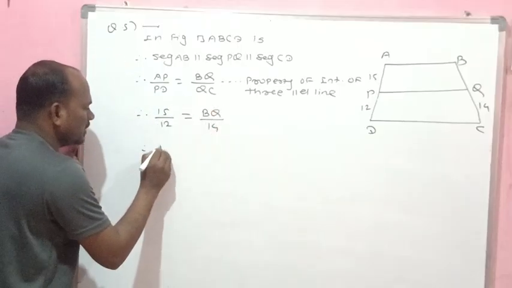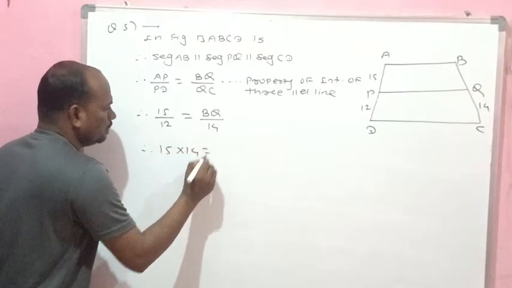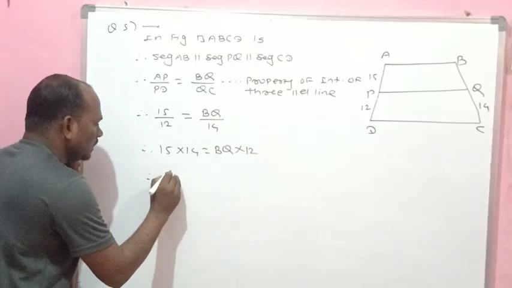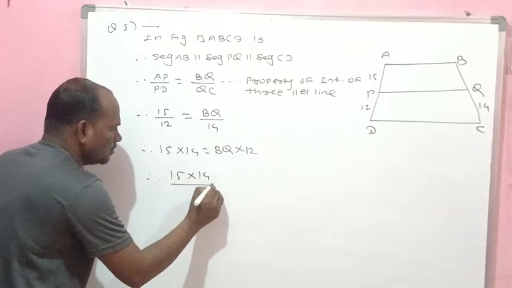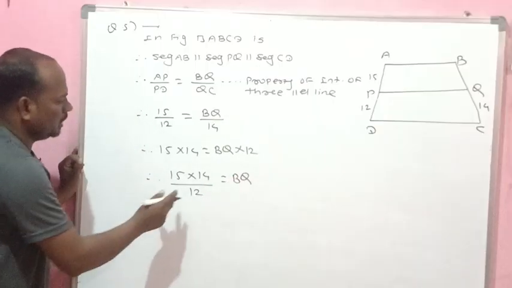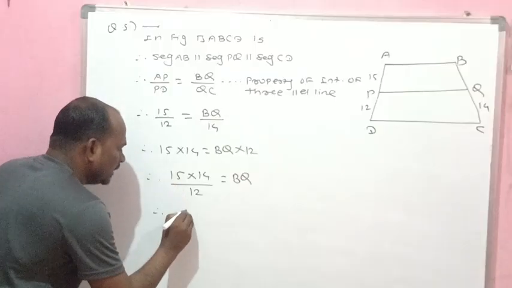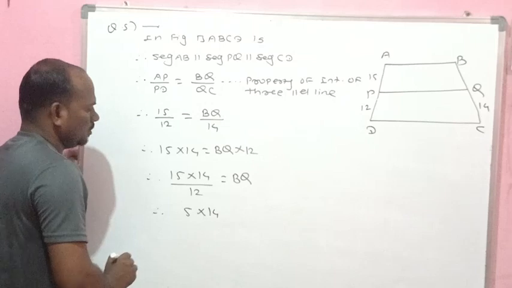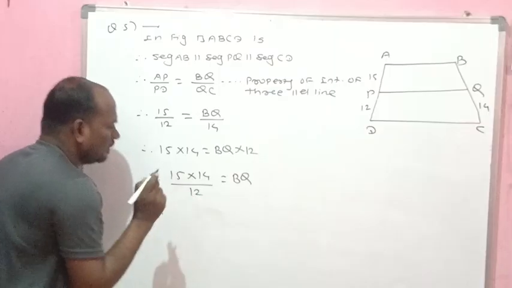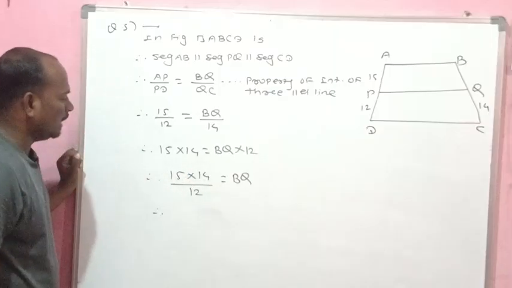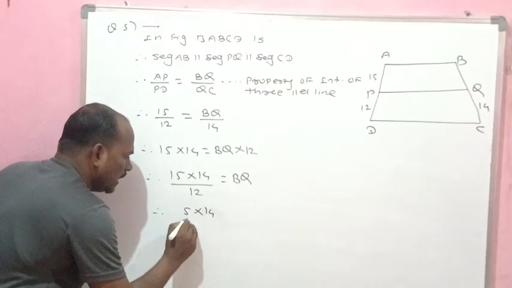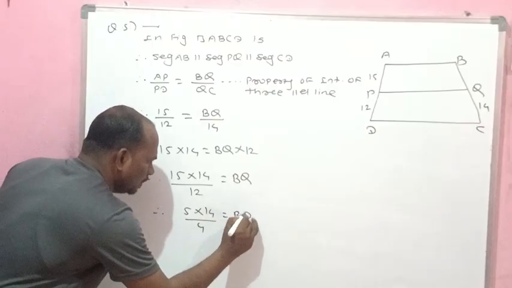Now the cross multiplication, 15 into 14 and BQ equal to 12, that is 15 into 14 multiplication divided by 12 is equal to BQ. Now we can divide, 3 5s are 15, that is 15 into 14 divided by 12, that is 15 as it is, and 3 5s are 15 and 3 4s are 12 is equal to BQ.